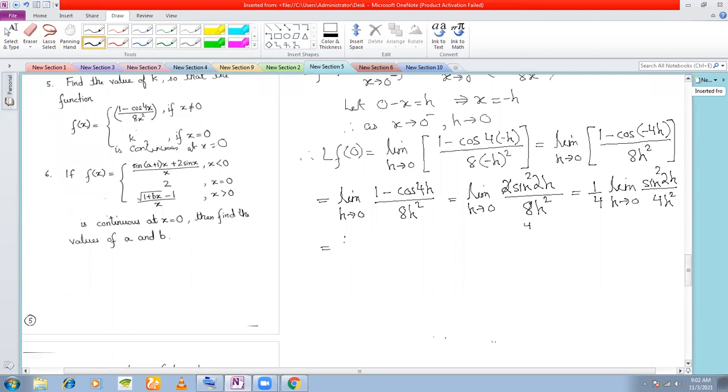So now you can write this as 1/4 limit h tends to 0 sine square 2h divided by 2h square. Write this as 2h square. What is extra that is left here?